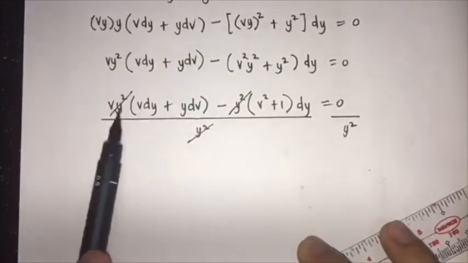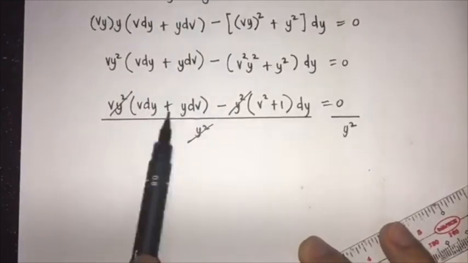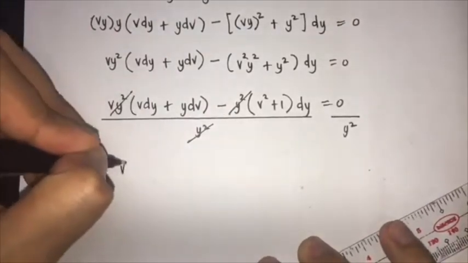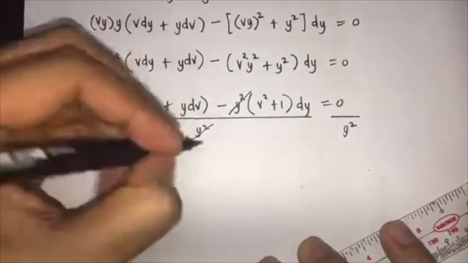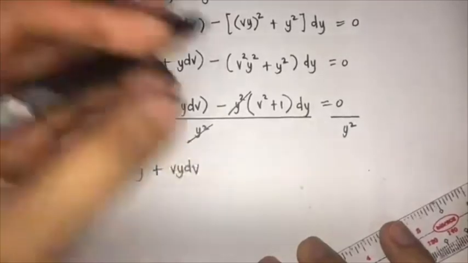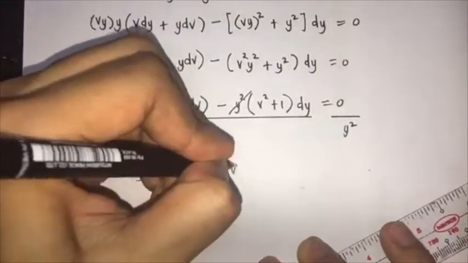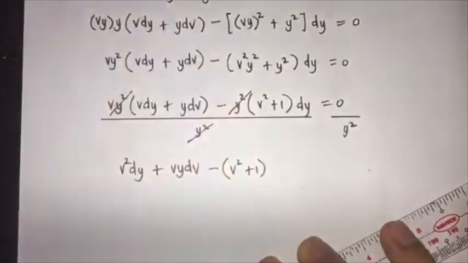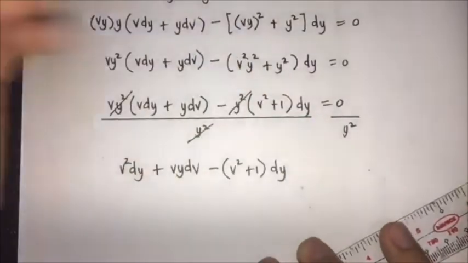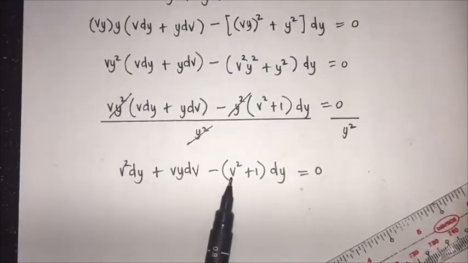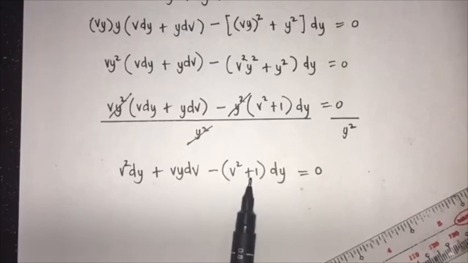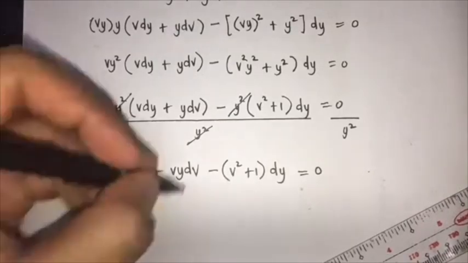So distributing, so that we can combine the terms with dy, this will become v squared dy plus vy dv minus (v squared plus 1) dy is equal to 0. Okay, so if we combine v squared, we have v squared minus v squared minus 1, so we will be left with negative dy, right?